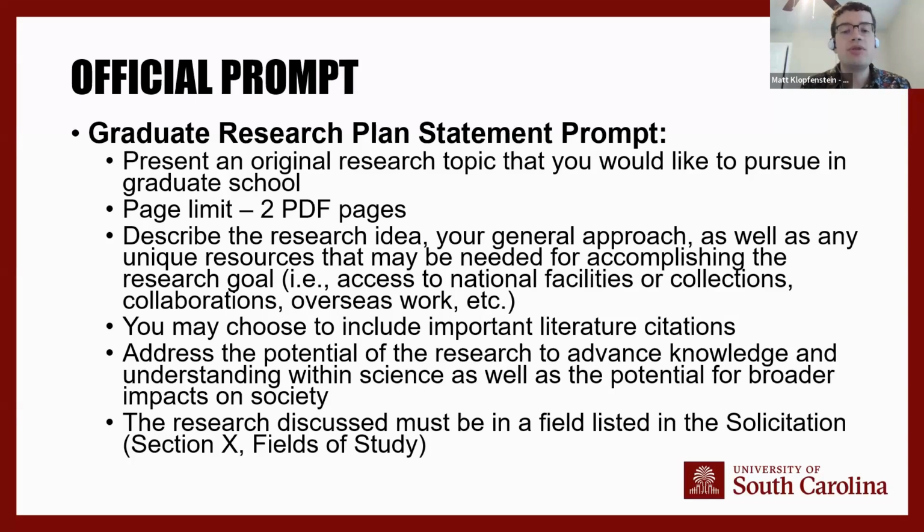You may choose to include important literature citations. Hint, hint, you should definitely do that. And address the potential of the research to advance knowledge and understanding within science, as well as the potential for broader impacts on society. So those two review criteria that we've been talking about over the sessions we've done this summer, intellectual merit and broader impacts. And the research must be in a field listed in the solicitation.